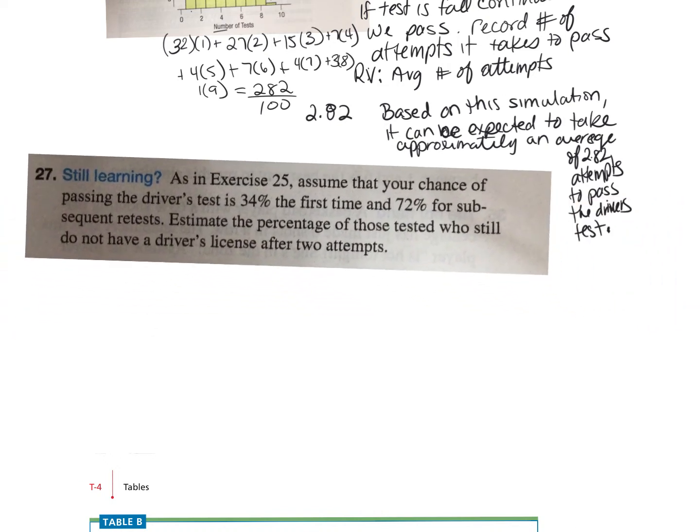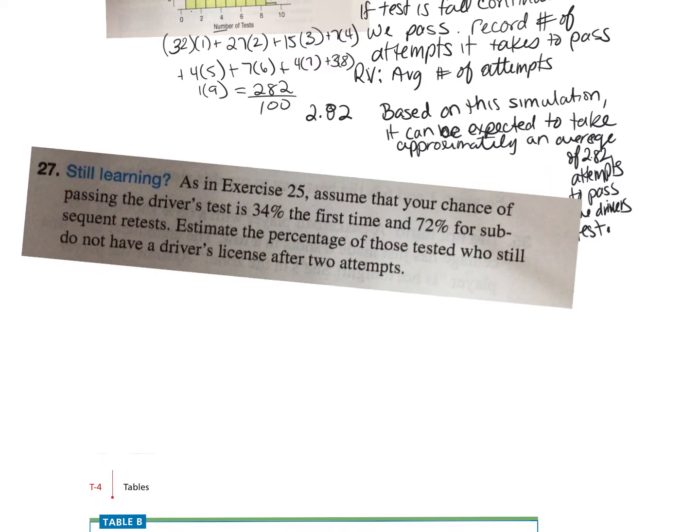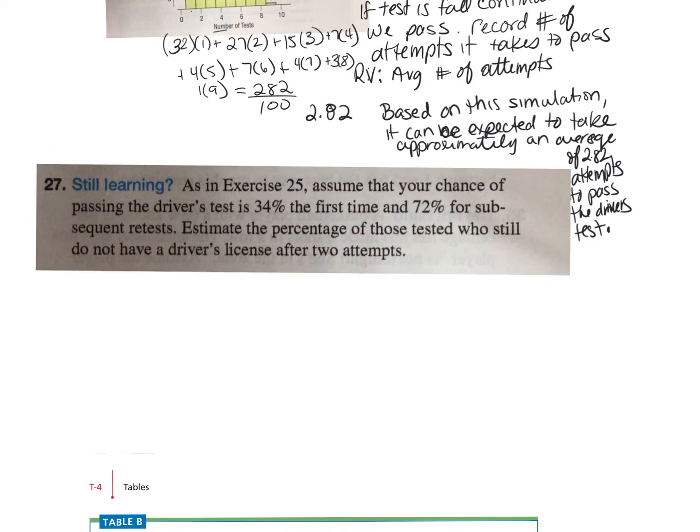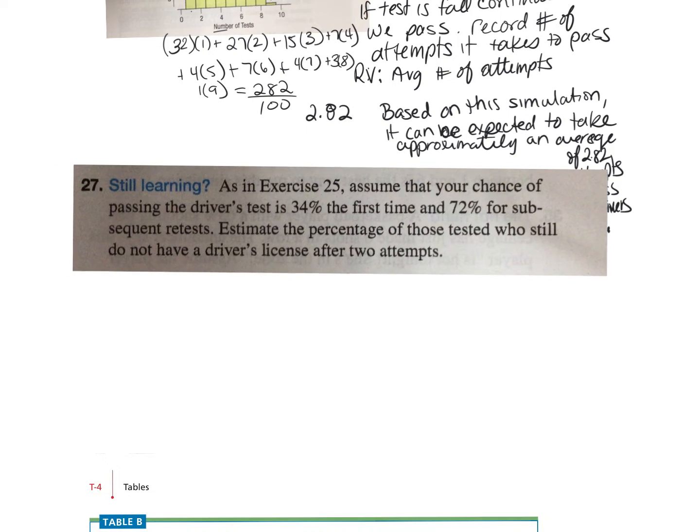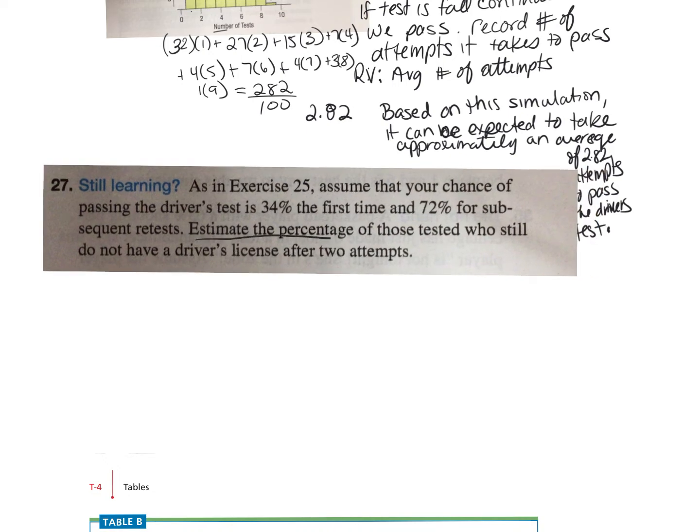As in exercise 25, assume that the chance of passing the driver's test is 34% for the first time and 72% for subsequent retests. Estimate the percentage of those who tested who still do not have a driver's license after 2 attempts. So we want to know what percentage, okay, so this is going to be a yes-no type thing. What percentage have not passed?